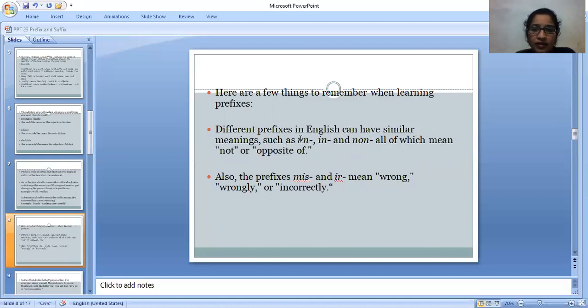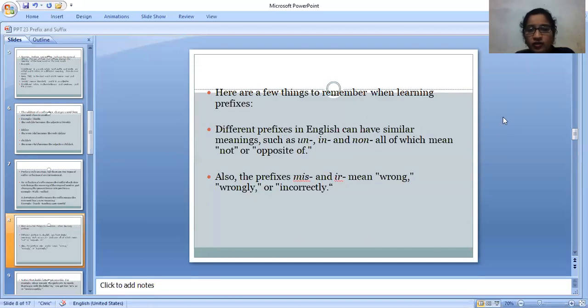So when you add the prefix un or in or non to a word, you will get a certainly opposite word of it most of the time, or a word which gives the sense of not. So un, in, and non.